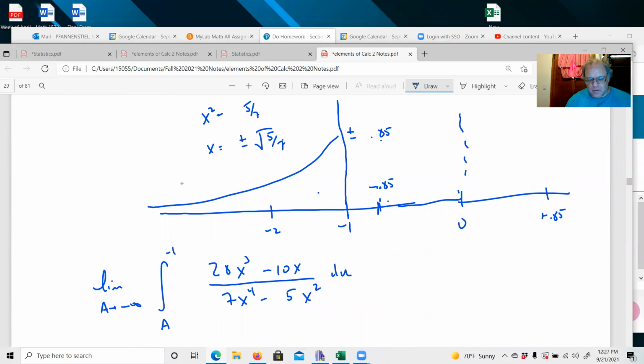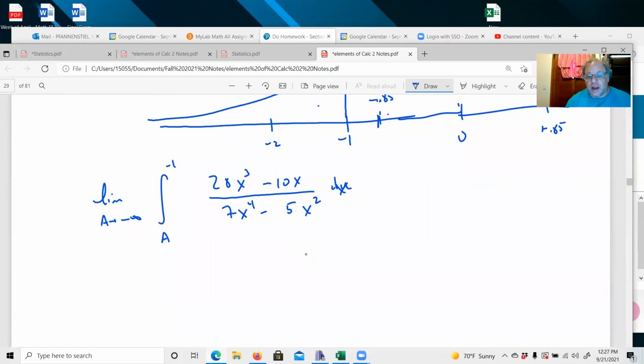Now, we could try this by integration by parts. There's a couple of other techniques that you could use here, but we are going to try u substitution first, since I can't integrate it directly. So u is equal to 7x to the fourth minus 5x squared. What's du?